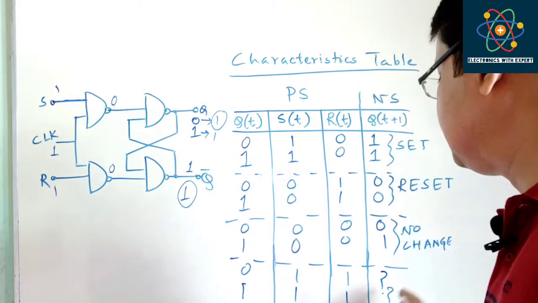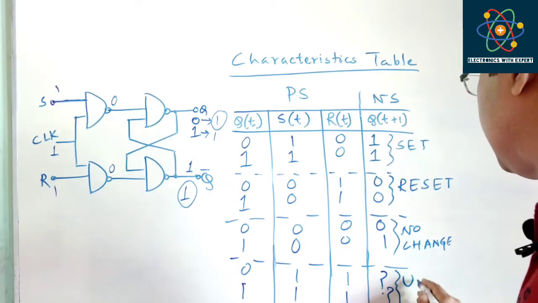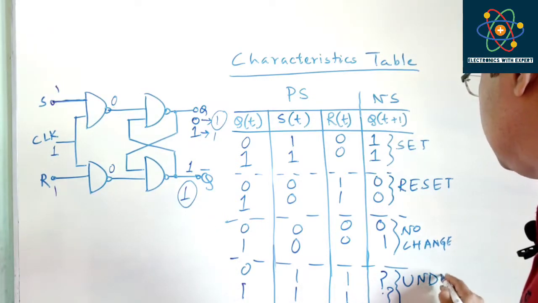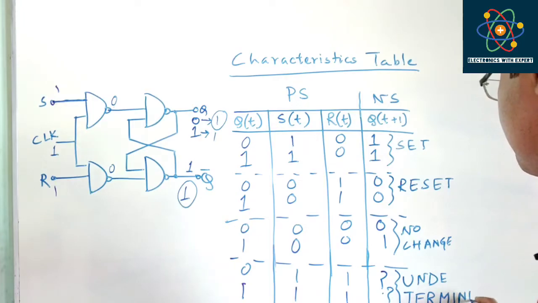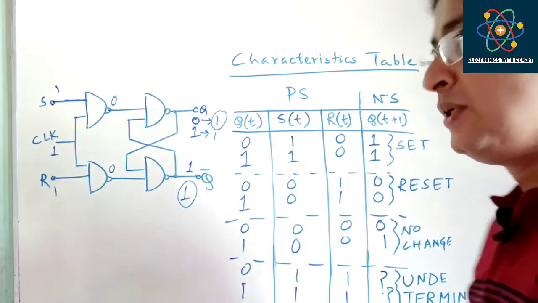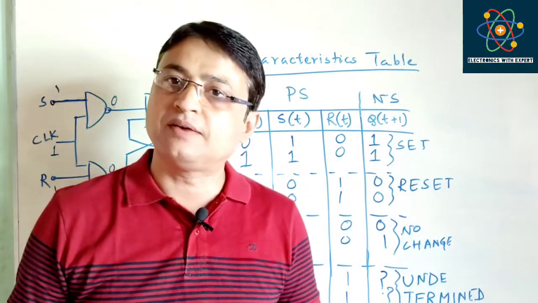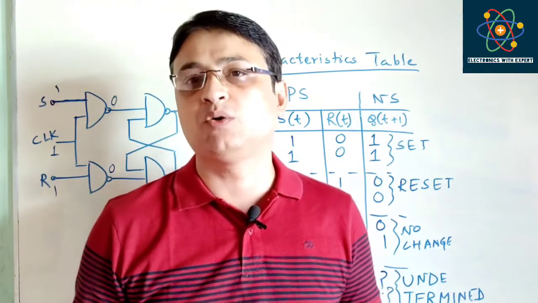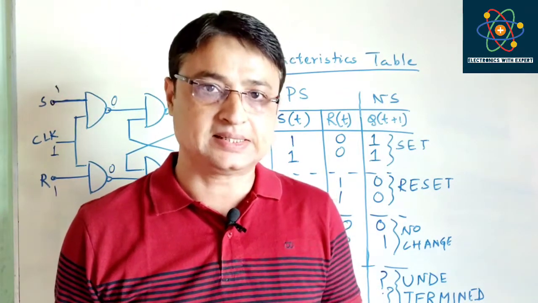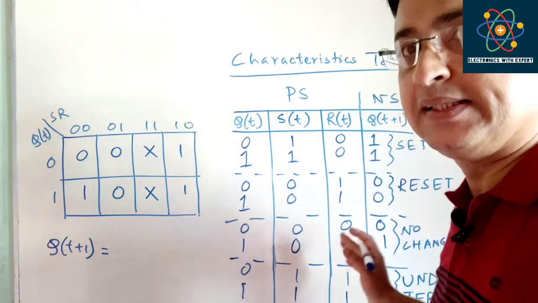So in the characteristic table, I must put a question mark, or it can be labeled as an undetermined case. So actually this is the problem of an SR flip-flop, that you can't make S equals R equals 1 simultaneously. So let's find the characteristic equation from this characteristic table.